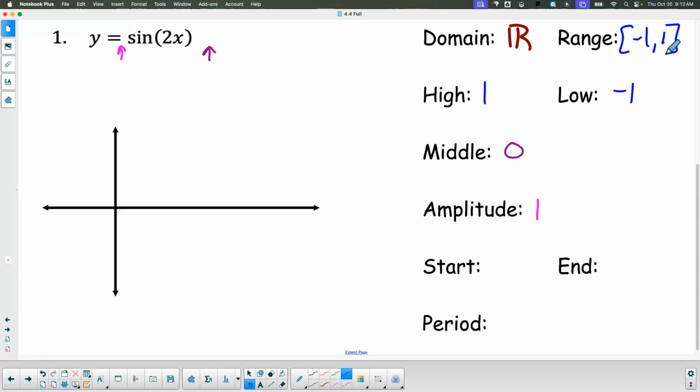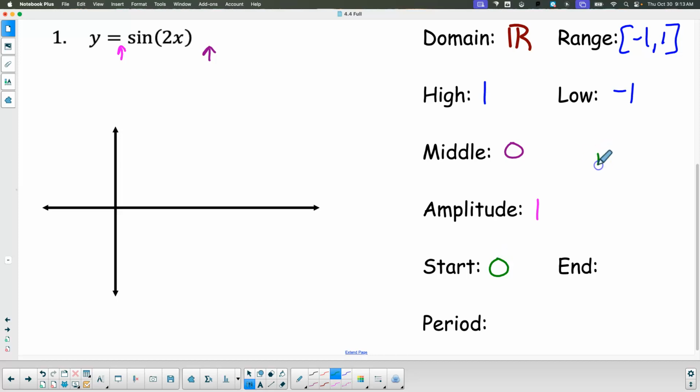Range is -1 to positive 1. Yes. Okay. Right? Where do we start? It's not Tuesday yet, so we start at 0.